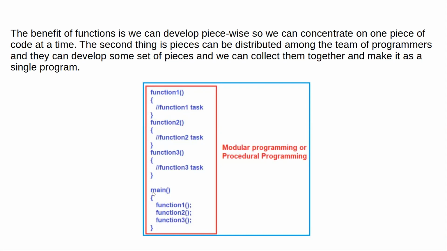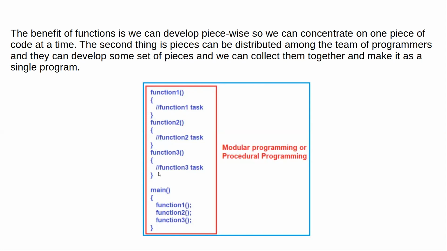So in the main method, I have three functions here. I am invoking function 1, then function 2, then function 3. When I invoke function 1, the control transfers from here to function 1, and it executes whatever statements I have mentioned in function 1.